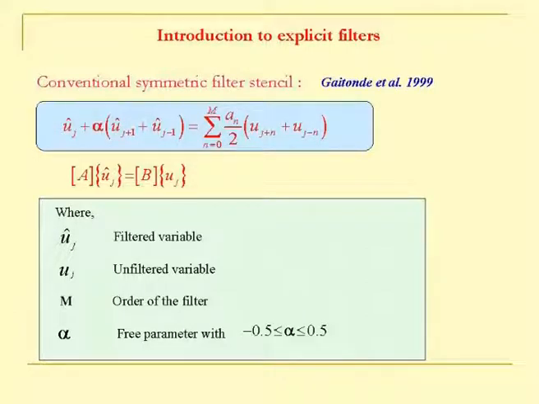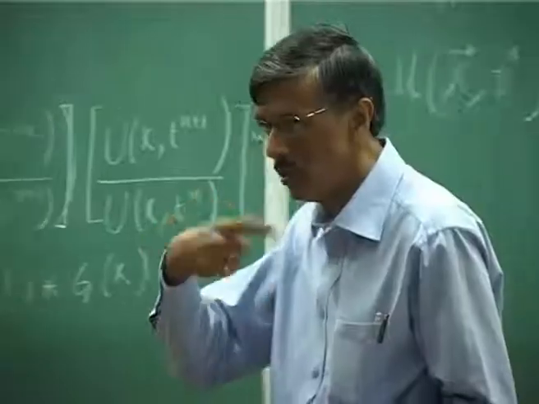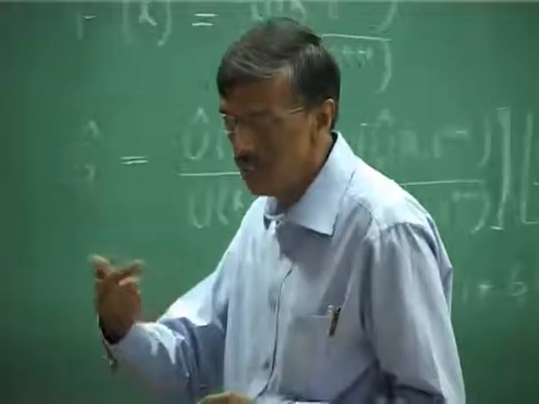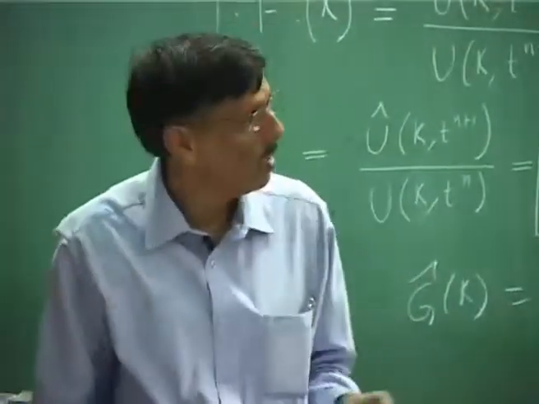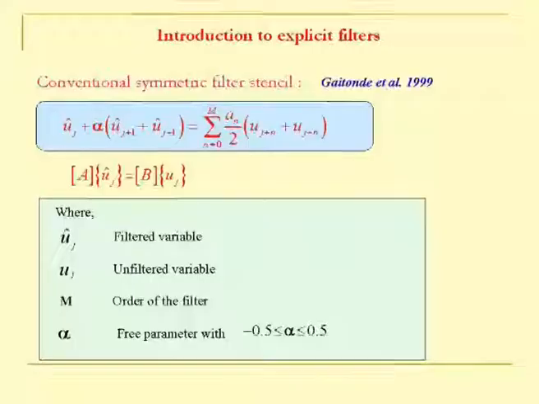Because we wanted to make this A matrix diagonally dominant, so that we do not get into any numerical problem while filtering the solution via this equation. However, I will not give you an answer offhand, but I would ask you to show what happens when I choose alpha equal to plus half.